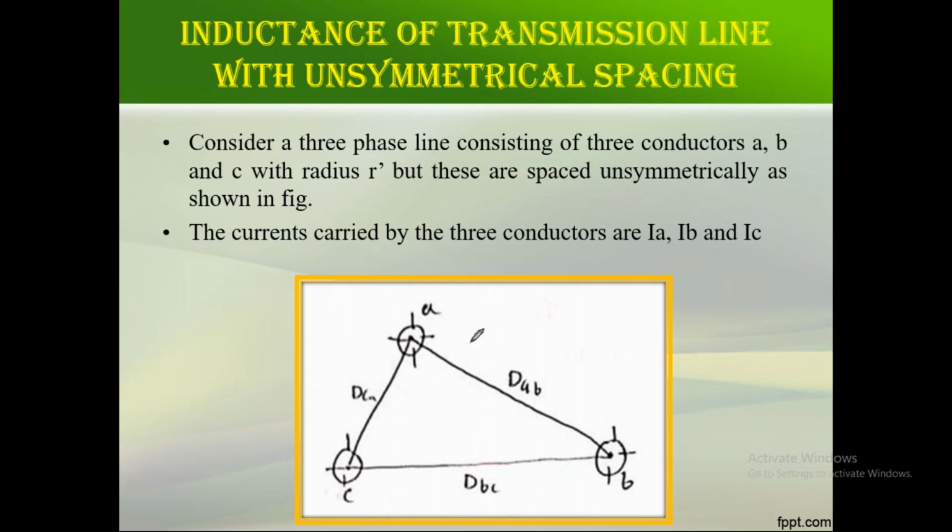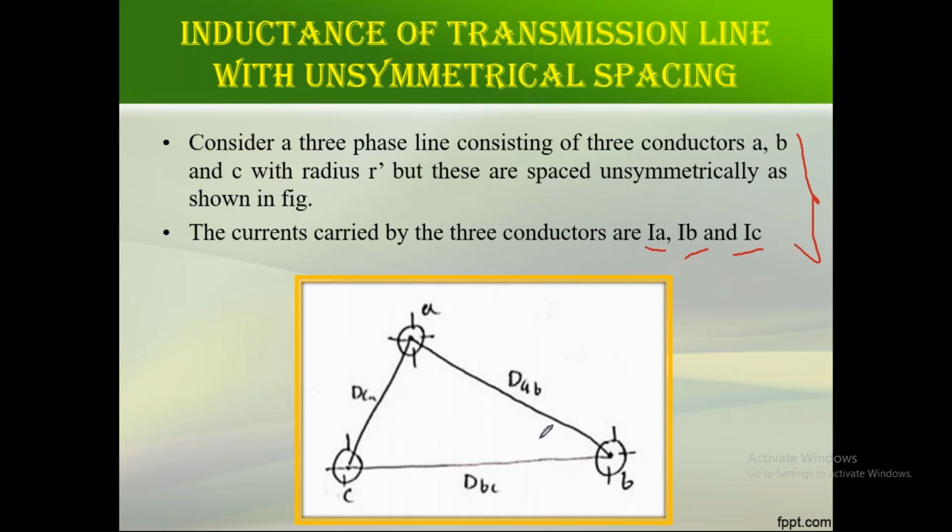Same thing here also. I am considering three conductors A, B, C having the radius r, and each conductor carrying IA, IB and IC. So these three points are common for any three phases. So we have considered three conductors, how the placement is among the conductors, and what current is flowing through each conductor.